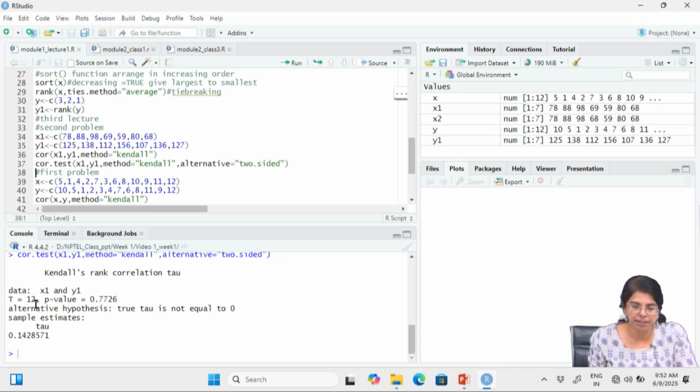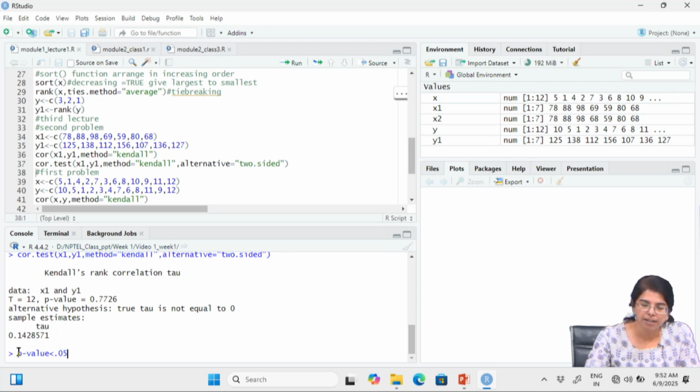T is 12, p value is, we are very much interested in p value, 0.7726. If you fix your alpha at 0.05, do you believe that this p value is less than alpha? No, it is bigger than alpha.